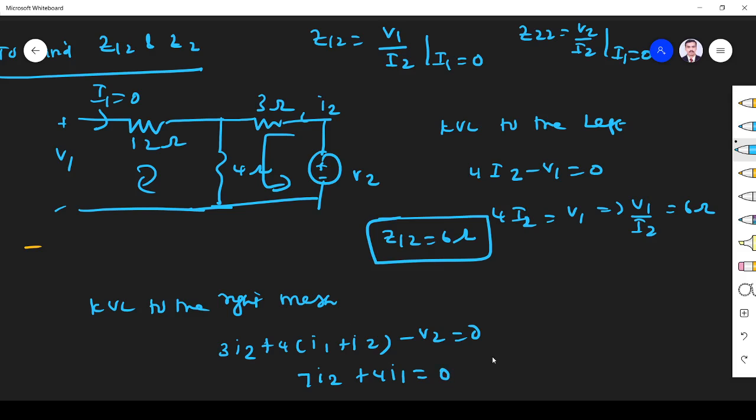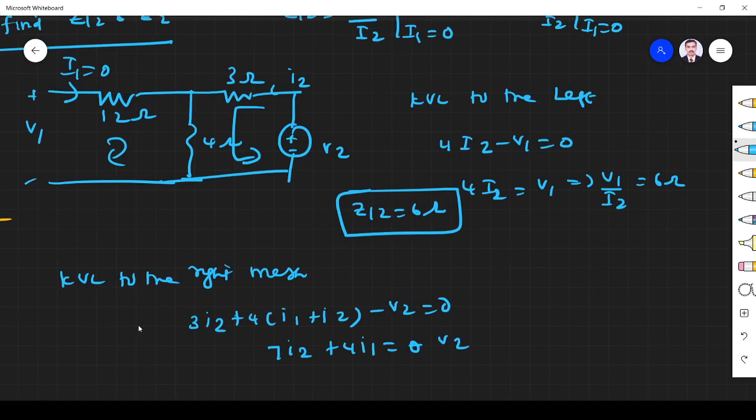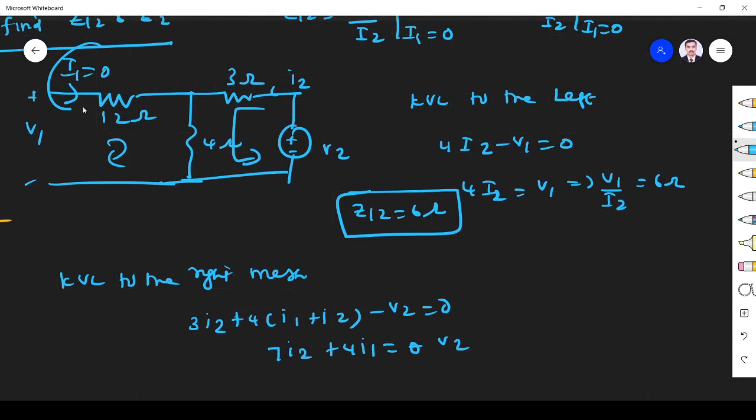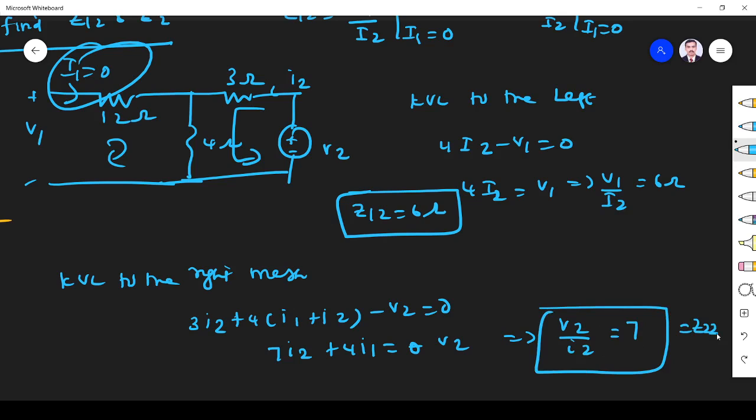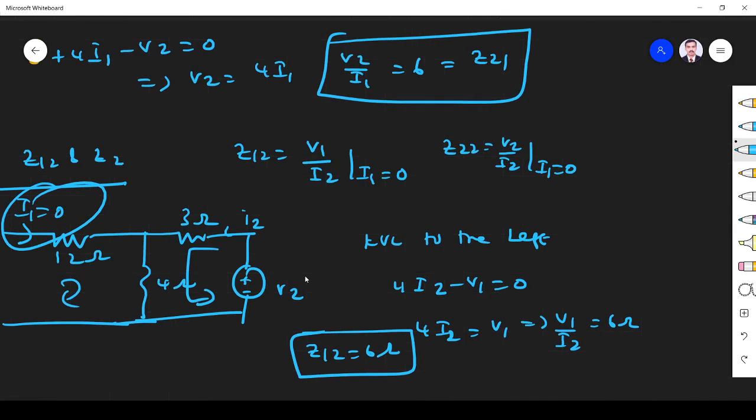I1 is 0, so it is equal to V2. This implies V2 by I2 is equal to 7. V2 by I2 is nothing but Z22. So we got all the values: Z11, Z12, Z21, Z22.